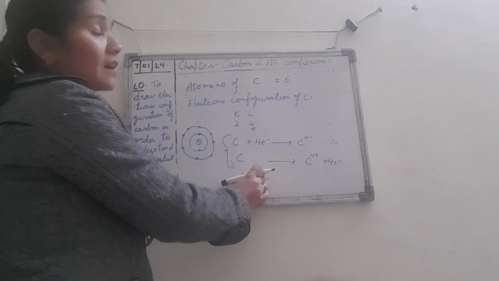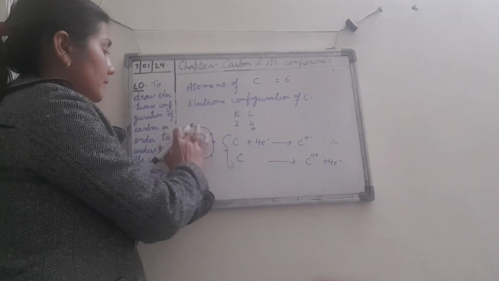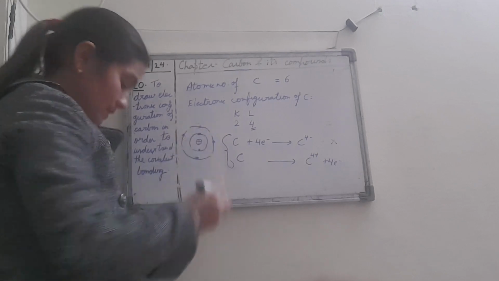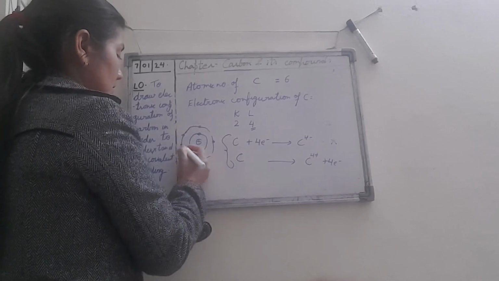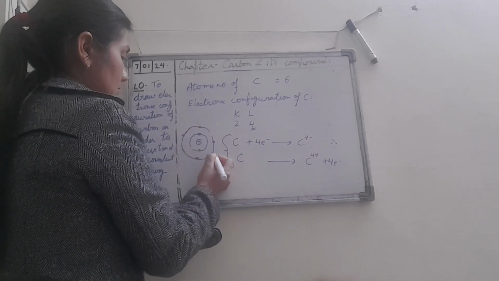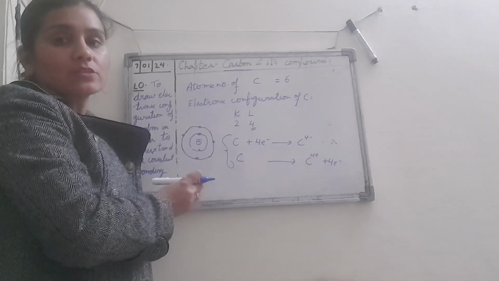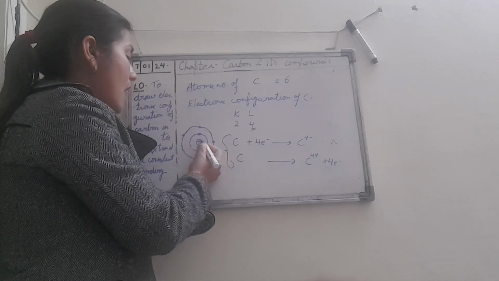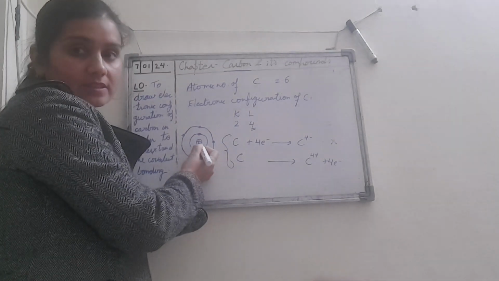Similarly, if the carbon will lose 4 electrons, right? It is also not possible. Why? Because of the small size of the carbon atom, the electrons are tightly bound with the nucleus.